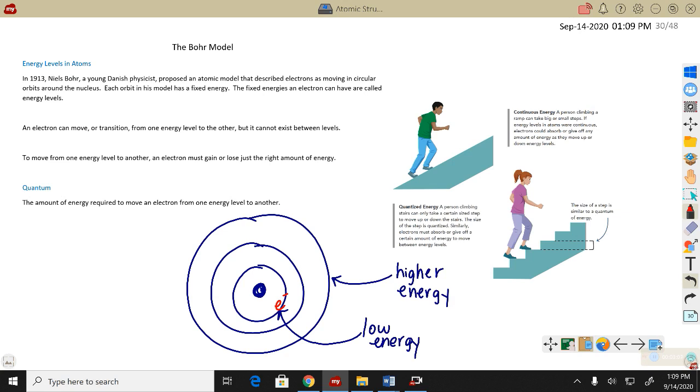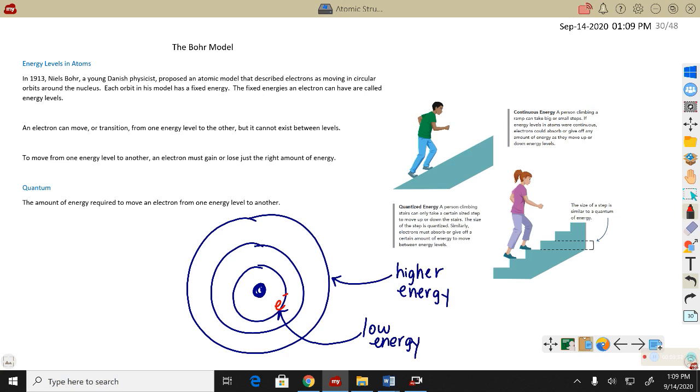There is no such thing as halvesies. If you're not quite there yet, then you're stuck in energy level 1 until you have the exact amount of energy to get you from 1 to 2. We use the word quantum or quantized. We say the energy of an atom is quantized, which just means a quantum is a specific amount of energy required to move an electron from one level to another.